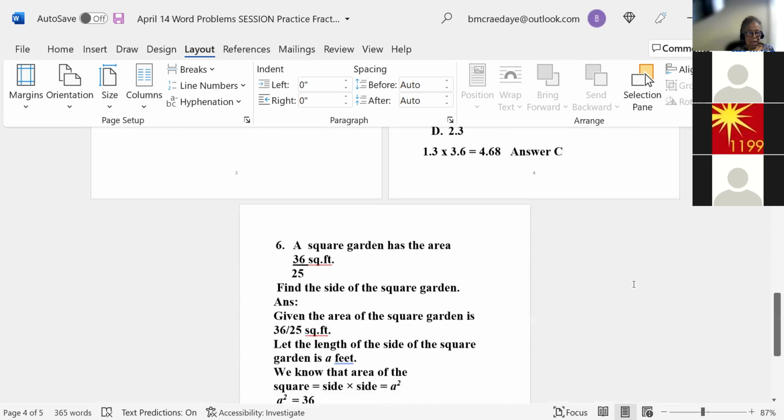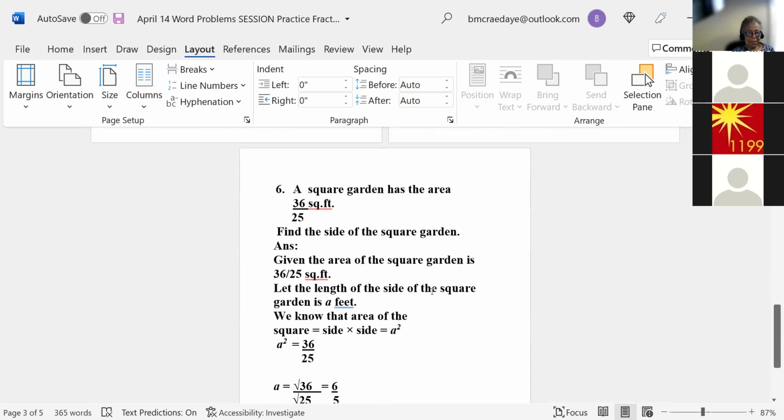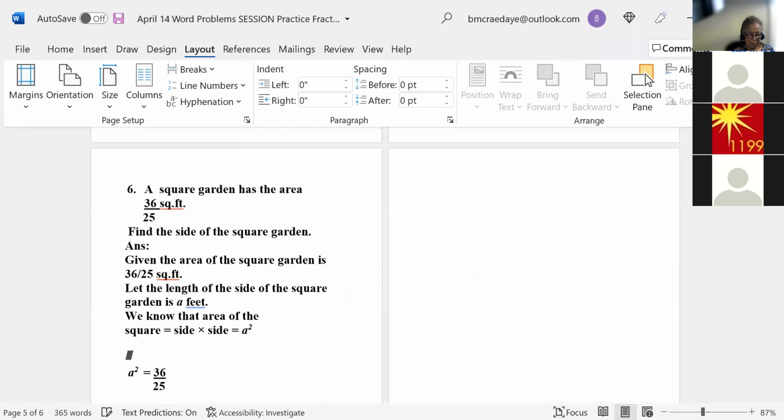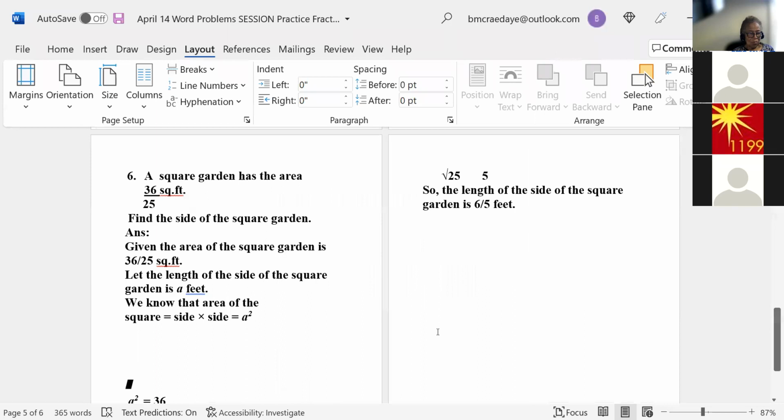All right, so we have number 6. Square root, square garden. You're looking at a square garden that has the area 36 over 25 square feet.